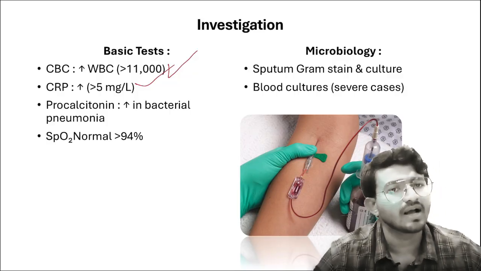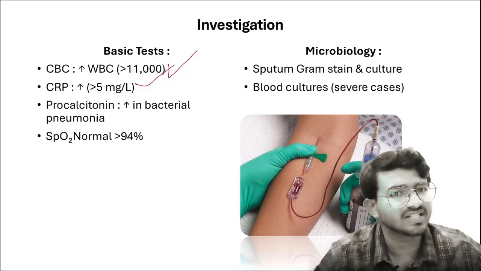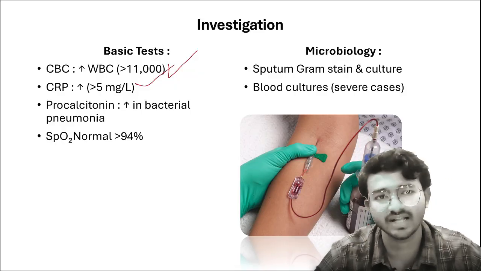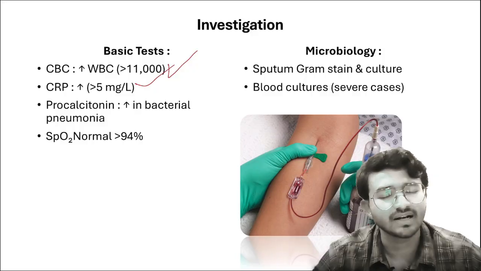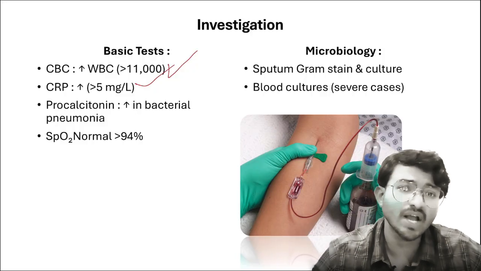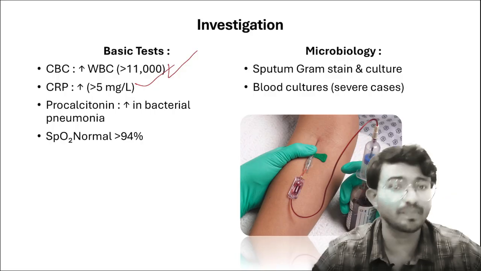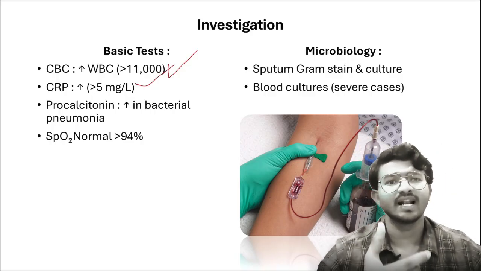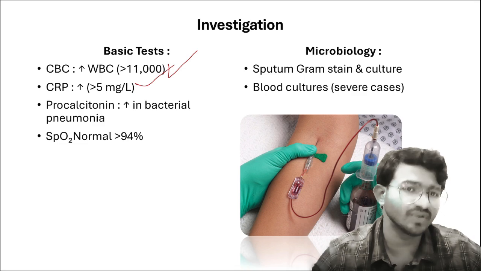Next one, microbiology. In microbiology tests we have to do a sputum test, like gram stain and culture, or we have to do a blood culture. We do blood culture in severe cases, if the patient is getting confusion. We have one criteria, the CURB-65 criteria, which we will discuss later.